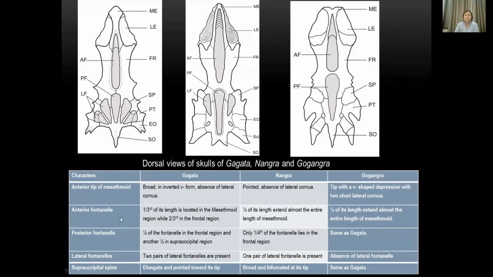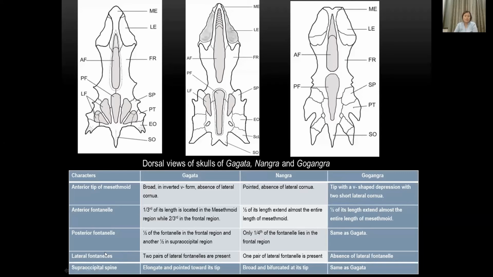Then coming to the posterior fontanel, which is very different in all three genera. In Gagata, we have half of the fontanel in the frontal region and the other half in the supraoccipital. In Nangra, only 1/4 of the fontanel lies in the frontal region. Gogangra is the same as Gagata.